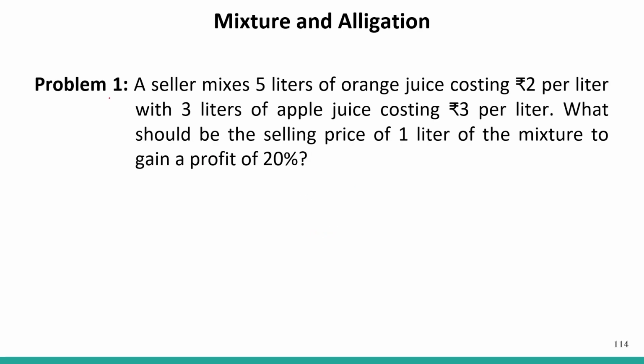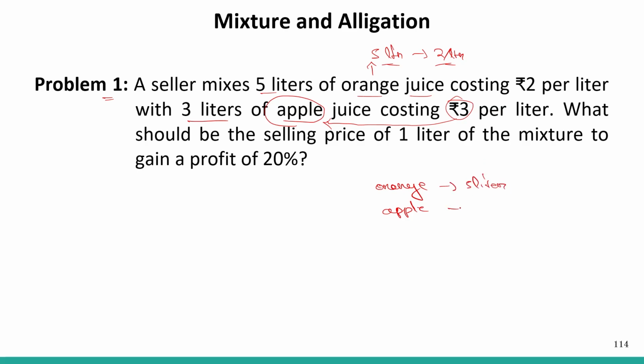So let's see problem number 1. A seller mixes 5 liters of orange juice, costing 2 per liter, with 3 liters of apple juice, costing 3 per liter. So orange juice and apple juice, these are the two juices that are available to us.